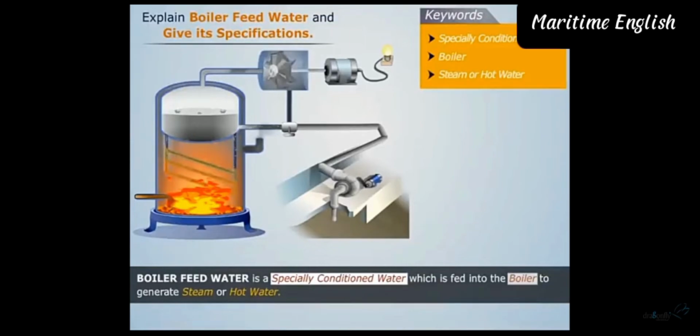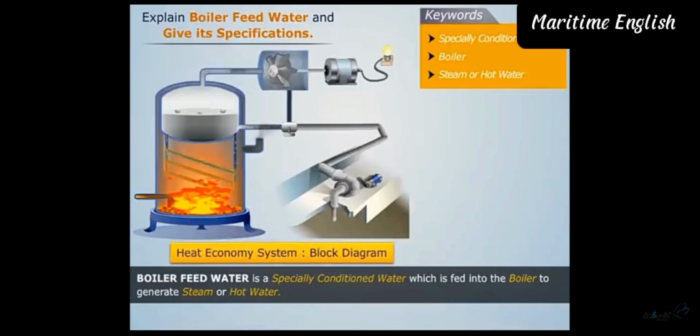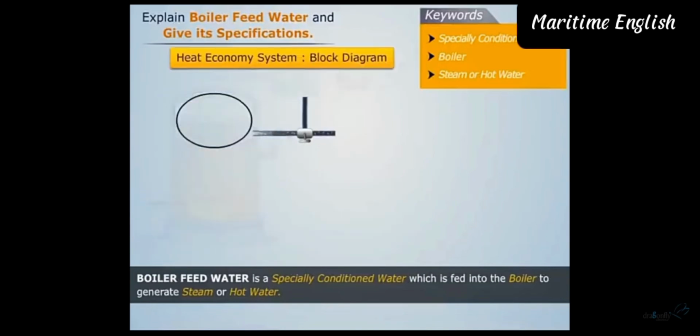Thus, we can say that boiler feed water is specially conditioned water which is fed into the boiler to generate steam or hot water. It is generated through a system of heat economy. Steam produced in the boiler is condensed after use and is returned as pure feed water, called the return water.